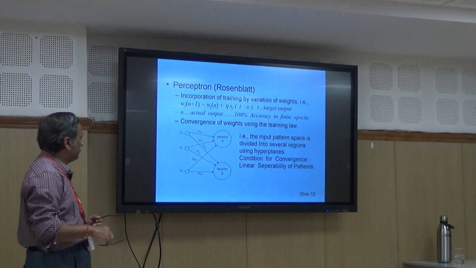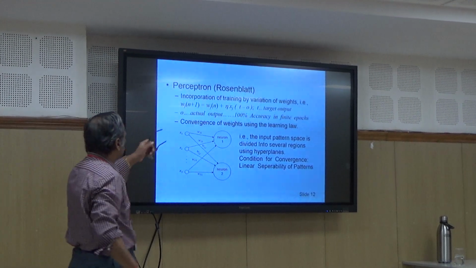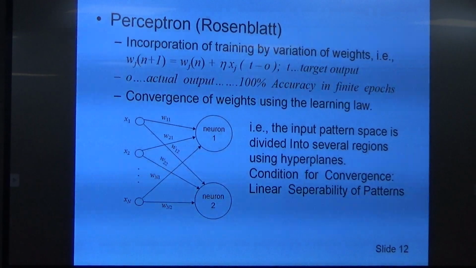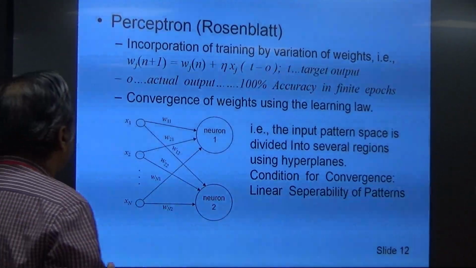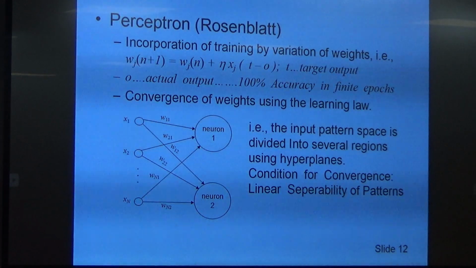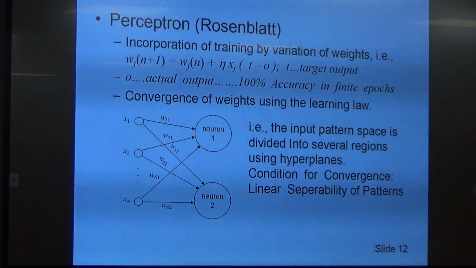The word perceptron, I think, was coined by a fellow called Rosenblatt. So we incorporate training by a variation of weights, that is, the jth synaptic weight. We'll go back to this diagram.